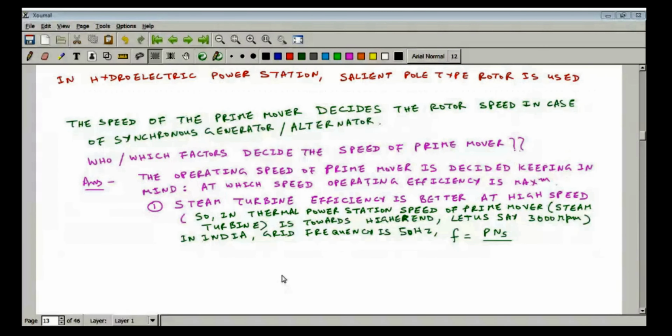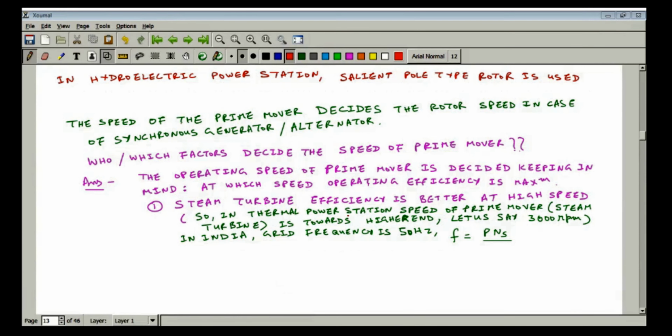The speed of the prime mover decides the rotor speed in case of a synchronous generator, alternator. Now which factor decides the speed of the prime mover? The operating speed of the prime mover is decided keeping in mind at which speed the operating efficiency is maximum.